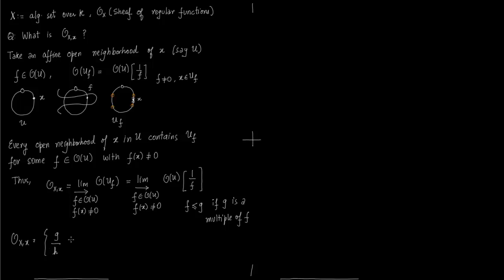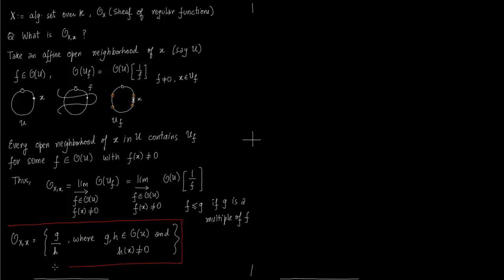So basically, what is O_{X,x}? It is of the form g by h, where g and h belong to O of U and the denominator is non-zero. So that is it. The denominator is non-zero, which I am marking in red.